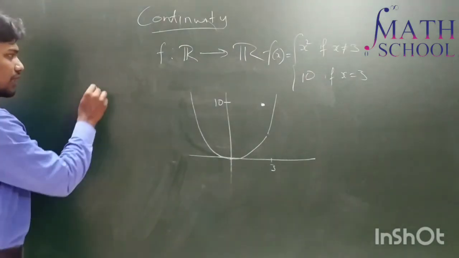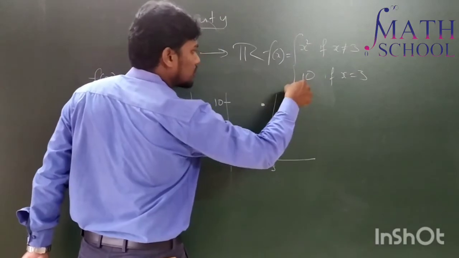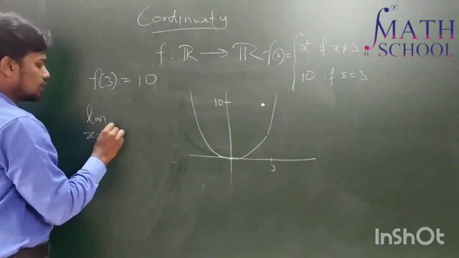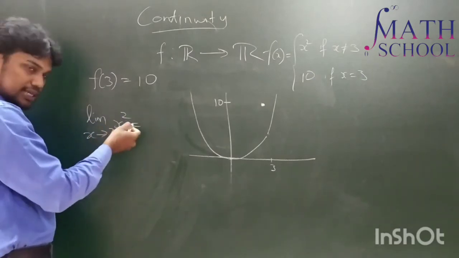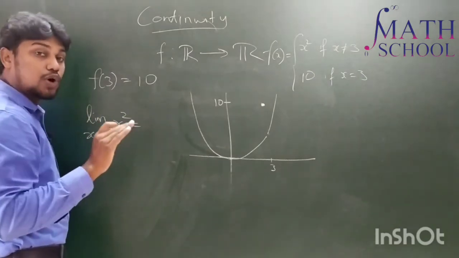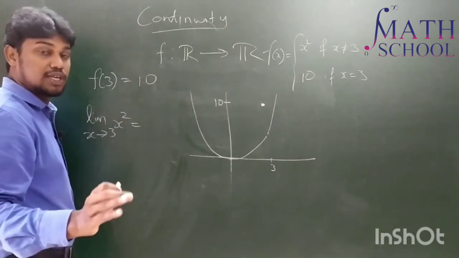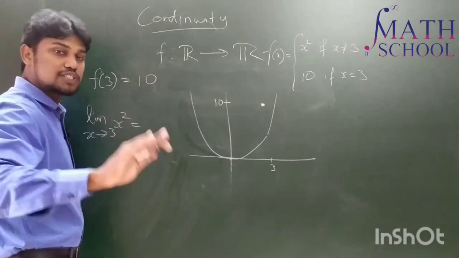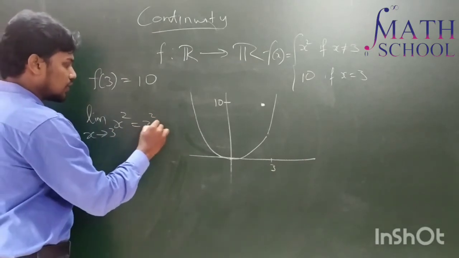But let us see it algebraically. What is the functional value of f when x is equal to 3? Your functional value is nothing but 10. But what is the limit of the function x squared? Since it is a polynomial, you can directly substitute it, because polynomials are always continuous functions. You can make a note of it: whatever the polynomial may be, polynomials are always continuous from R to R. So the limit value is 3 squared, that is 9.